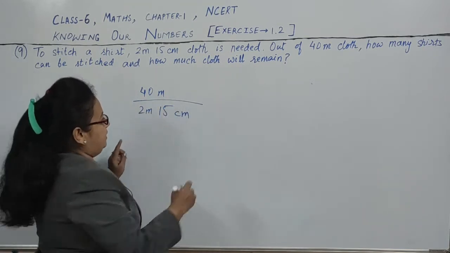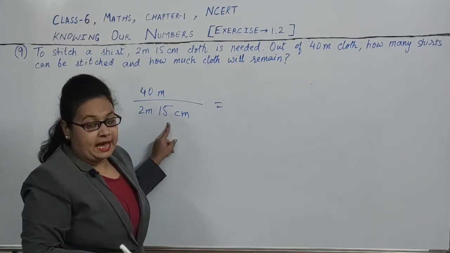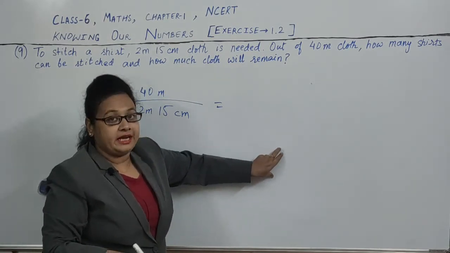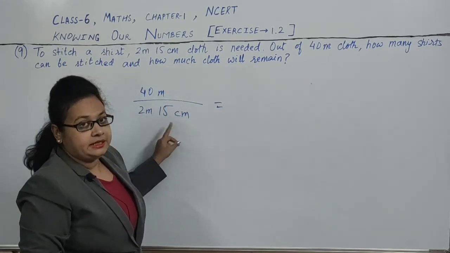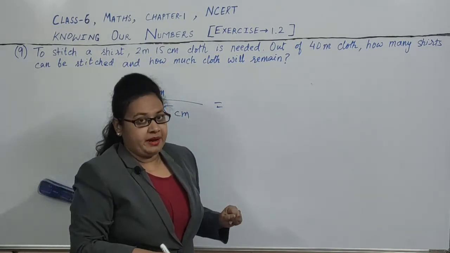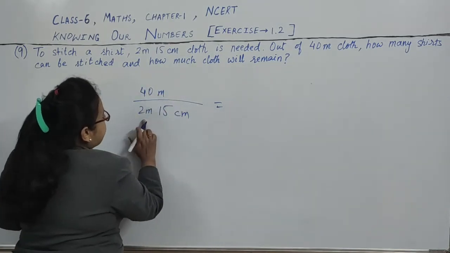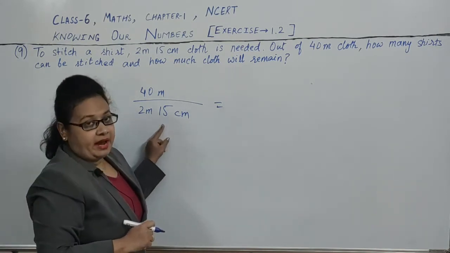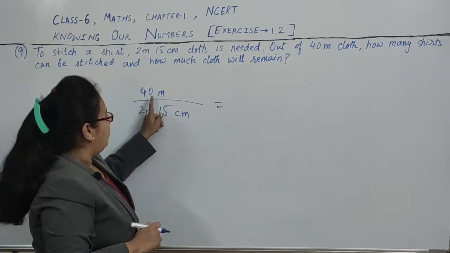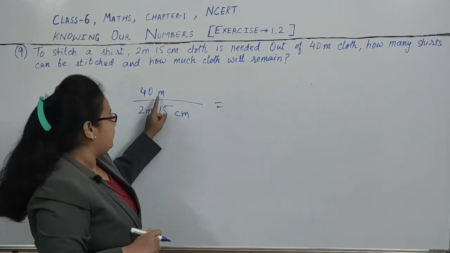The result will give how many shirts can be stitched, and if we get any remainder in dividing 40 by this, that much cloth will remain. But this is 40 meters and this is 2 meter 15 centimeter, so we cannot divide like this. We have to convert meter into centimeter.